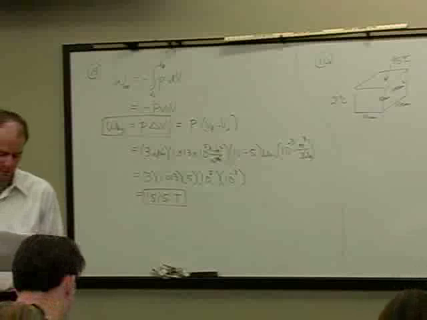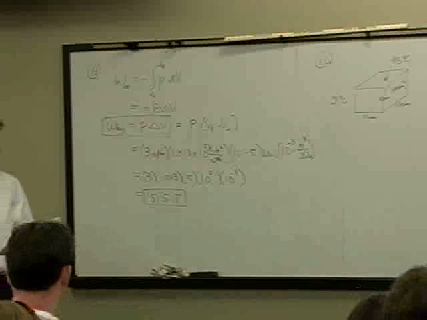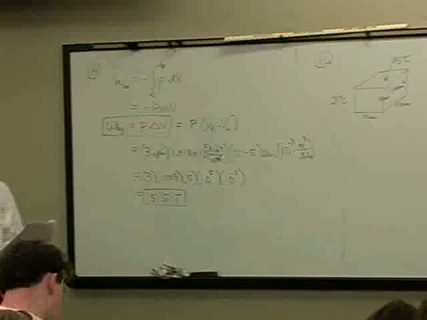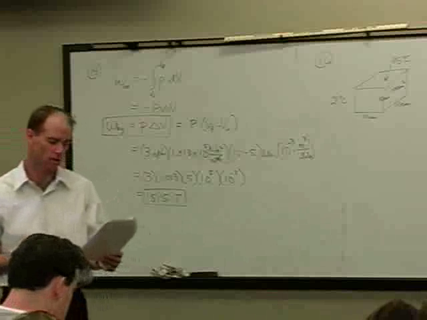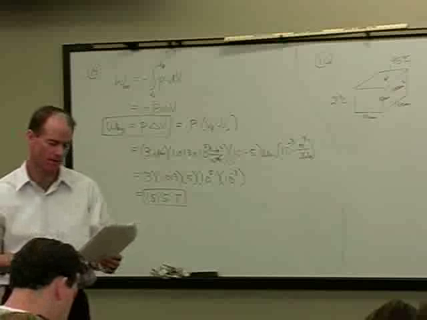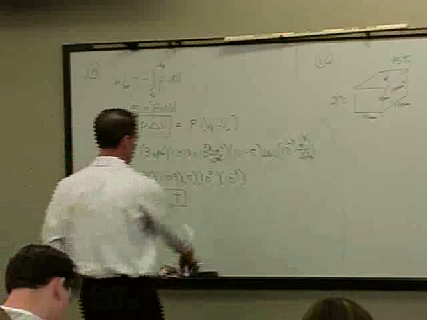Look at the next problem right below that, 15. Gas in a container increases its pressure from 1 atmosphere to 3 atmospheres while keeping its volume constant. Find the work done in joules by the gas, and the volume is 5 liters.